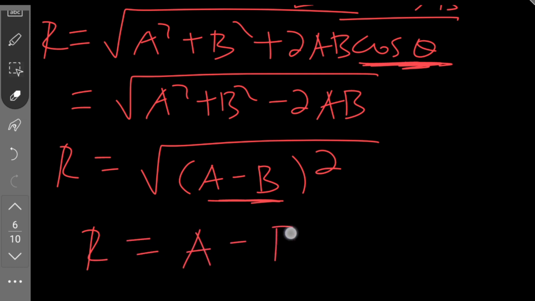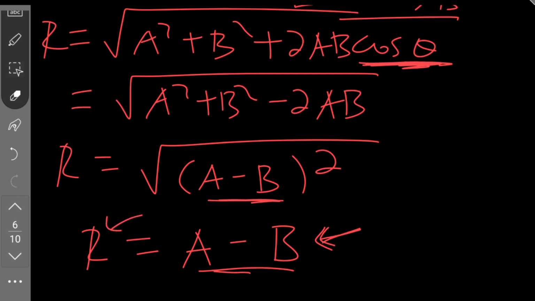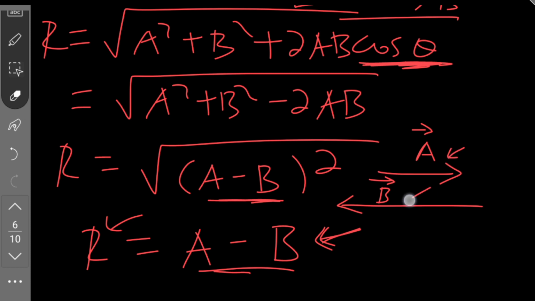R is equals to a minus b. Then አሁን ከዚህ ጋር ምን ኮንክሉድ እናደርጋለን? When the two vectors are in the opposite direction okay, ሁለቱ ቬክተሮች በኦፖዚት ዳይሬክሽን ካሉ the magnitude of the resultant is the difference of the magnitudes of the two vectors ይሆናል ማለት ነው። ሪዛልታንቱ ሁለቱ ሲቀናነሱ ይሆናል። If they are opposite okay, and the direction of the resultant is the same as the vector having a large magnitude. ለምሳሌ vector a this one, vector b this one ቢሆን vector a እንደምታዩት ትንሽ ነው compared to vector b። ሪዛልታንቱ ትንሽዬ ሆኖ this one is the resultant but የሚያመለክተው በማን ነው?